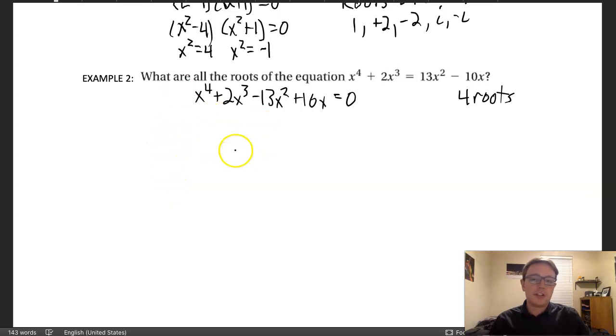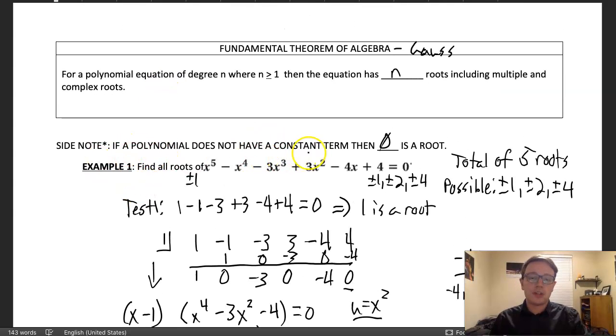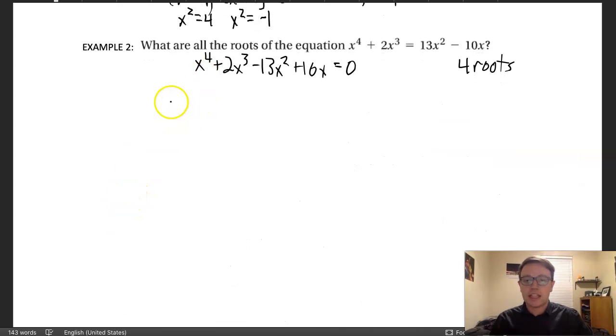It's just as simple as that. Now, what is our first step? What tool should we use first to start solving this? The only correct answer here is to factor. Notice how we don't have a constant, meaning we can pull out an x. Remember, if a polynomial does not have a constant, then 0 is a root. So let's pull out x and let's make that one of our roots.